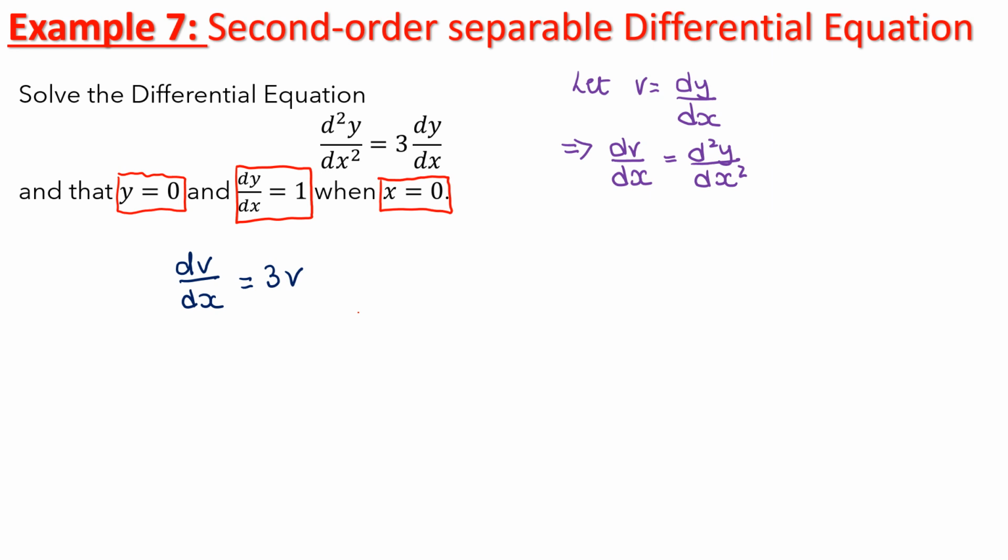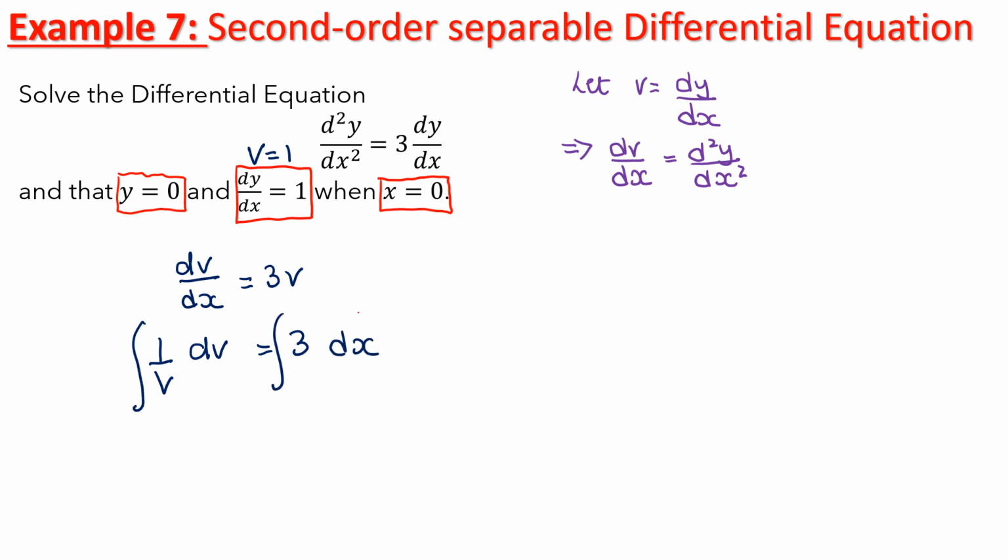And now we have a really nice little first order we can work with. The other thing I like to do is rename this middle piece, because it says dy/dx, so we're going to say that's v equals 1. So let's separate this out: dv over v, we leave the 3 where it is, and bring our dx across.